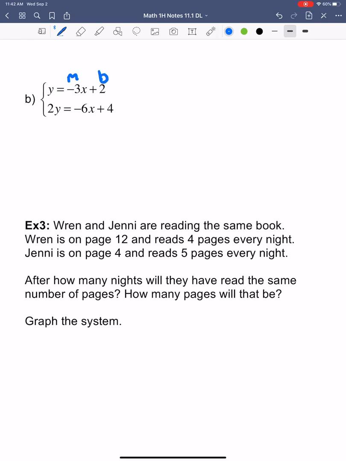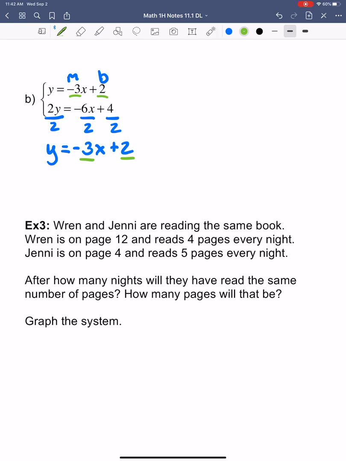The bottom equation I can't tell, so I'm going to go ahead and divide by 2 to get y by itself. And we get y equals negative 3x plus 2. You're going to notice here we've got slopes of negative 3 and negative 3, so same slope. Y-intercepts at 2 and 2, so that's same slope, same y-intercept.